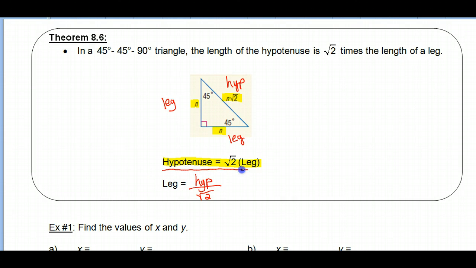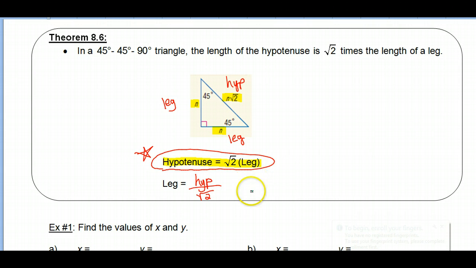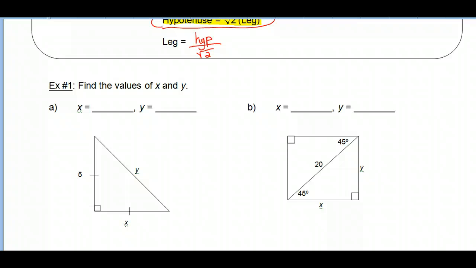As long as you remember that the hypotenuse is equal to the square root of 2 times the leg, you can solve the right triangle, because we can figure out all the sides. Well, let's look at example 1.